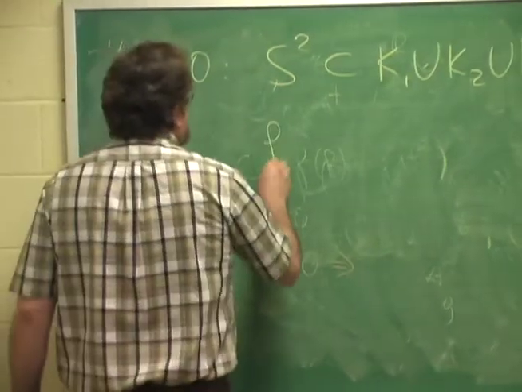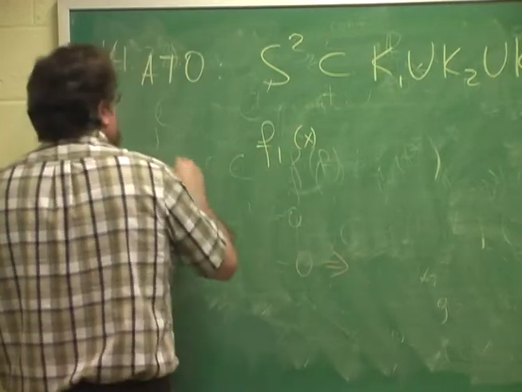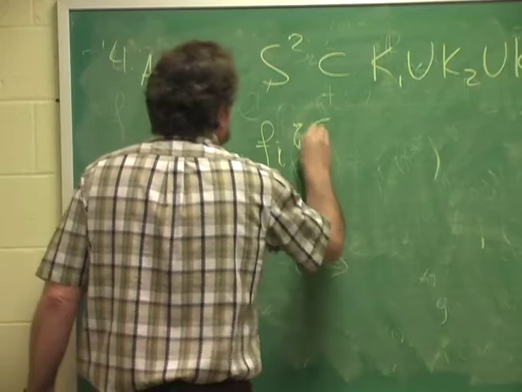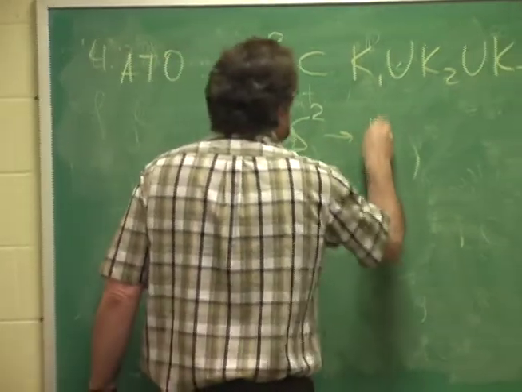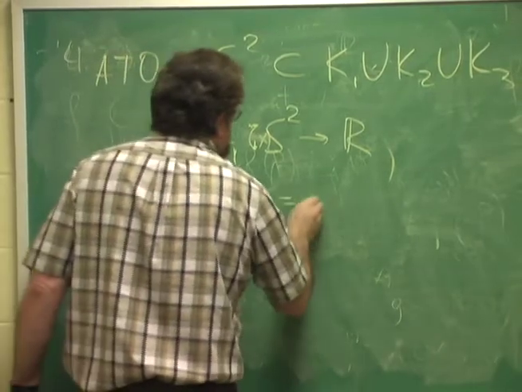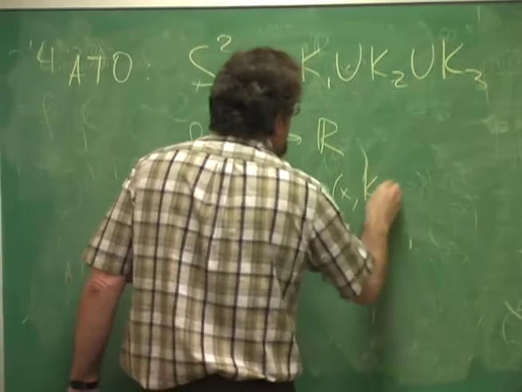Okay, consider functions fi from the sphere to the reals. fi of x is the distance from x to Ki.